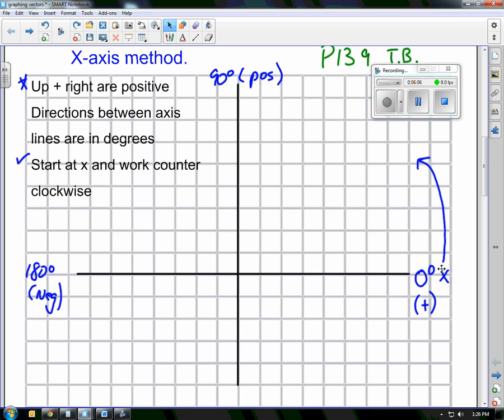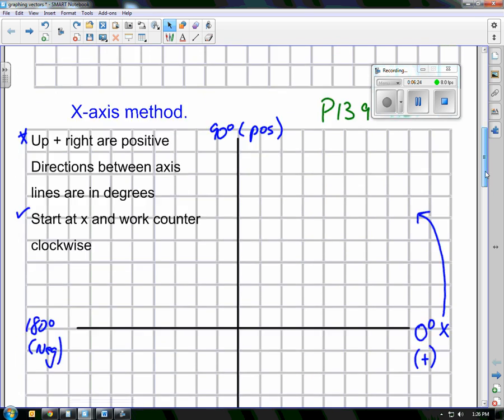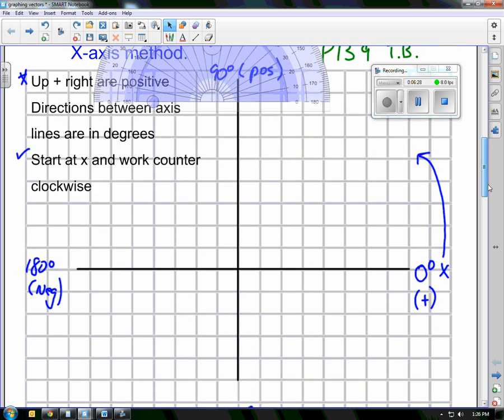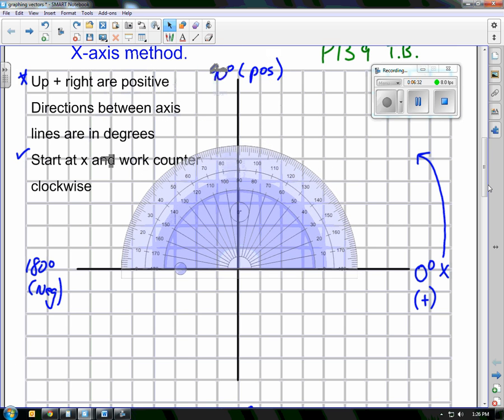So we're going to try and draw a vector for 6 meters at 30 degrees. How would you do that? Well, the first thing you would do is grab your protractor. Let me bring that down a second. You would set it right on the x-axis like that.